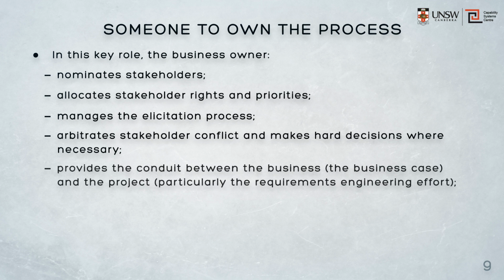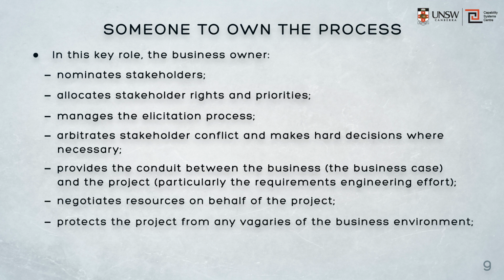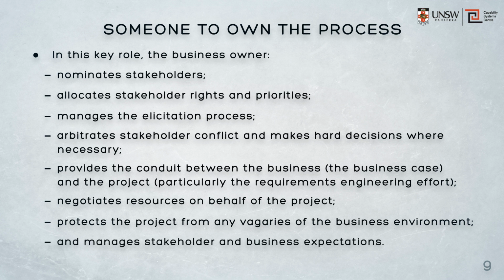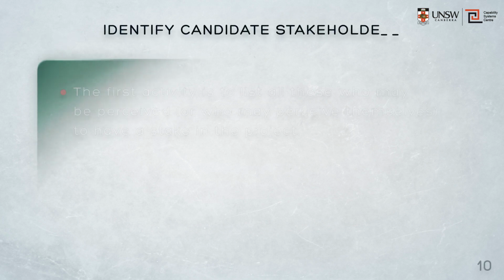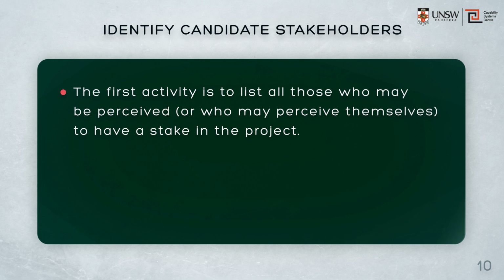They provide the conduit between the business, in the business case, and the project, particularly the requirements engineering effort. They negotiate resources on behalf of the project, protect the project against any vagaries in the business environment, and manage stakeholder and business expectations.